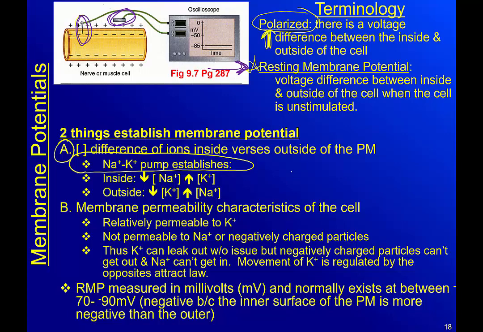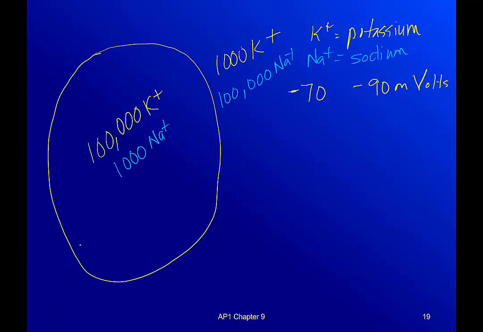So the sodium potassium pump actually works in your cell by pumping out 3 sodium and pumping in 2 potassium. So 3 pluses out for only 2 potassium, 2 pluses in, because remember each potassium is 1 positive, each sodium is 1 positive.